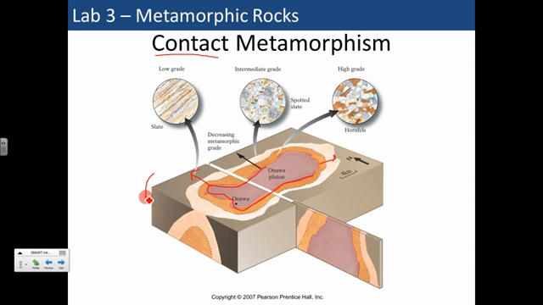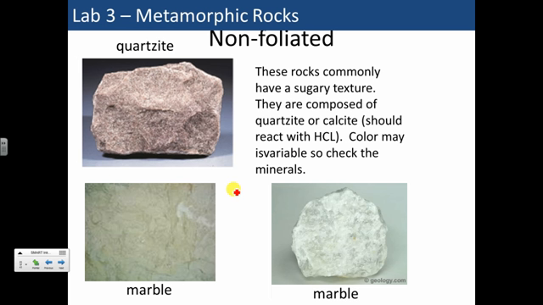The gray rock out here, or brown, is already a slate, which means it has a foliation. But the heat from the Pluton is recrystallizing the rocks immediately around the Pluton, and those grains are growing larger. But because there's no stress on those grains, they're not becoming aligned. So the rocks we expect here are non-foliated.